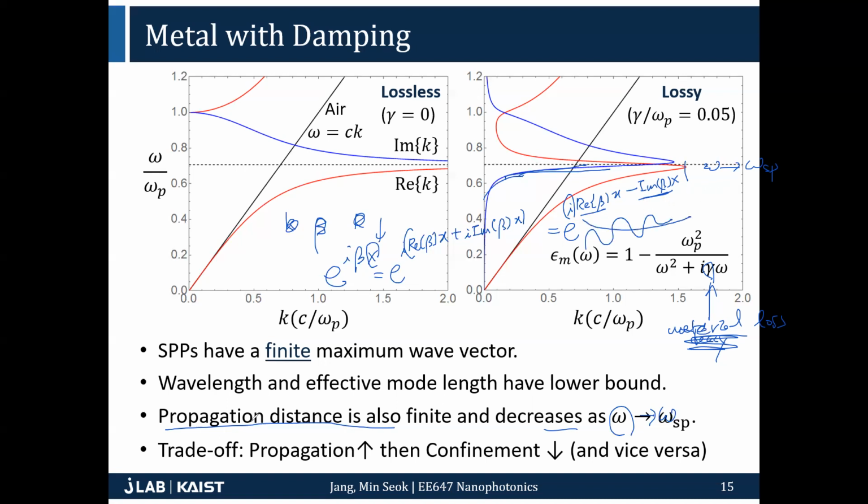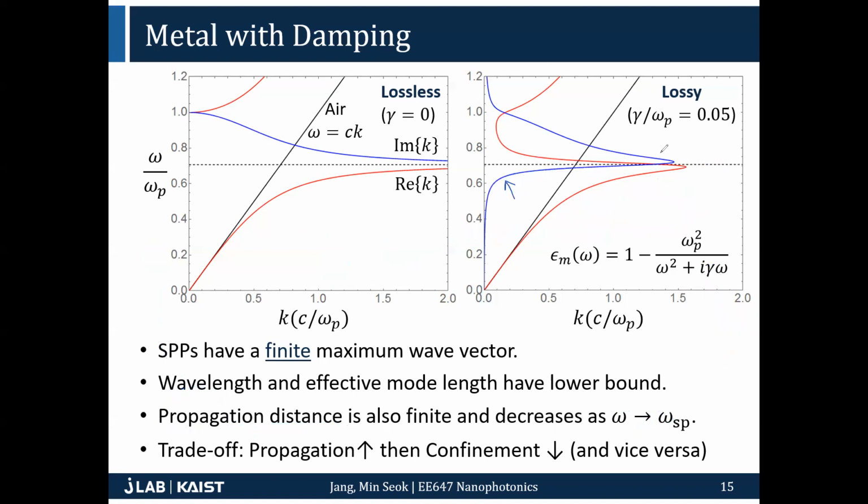Here the propagation distance is defined as 1 over imaginary beta, because if you plug in 1 over imaginary beta, that gives you the condition where your electromagnetic field decays to 1 over e. So because imaginary beta increases as you approach omega sp, your propagation distance decreases, right?